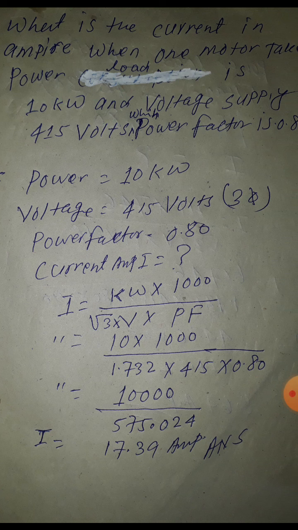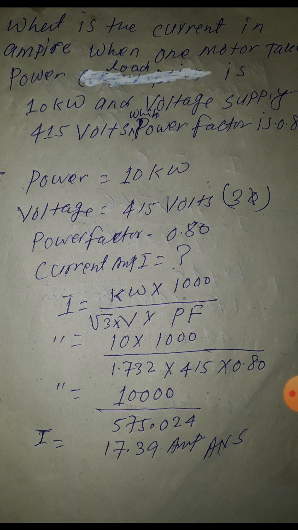Root 3 is always one value, 1.732. This is always the same value. If three phase is there, you calculate the voltage with root 3.